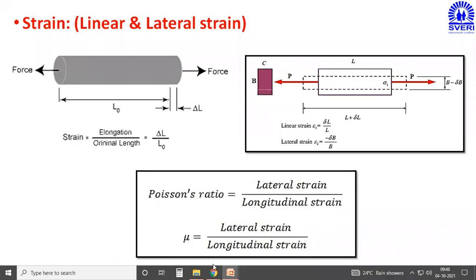This definition is asked many times in examinations, maybe in the GATE examination or other competitive examinations. What is meant by Poisson's ratio? Four options will be given in the form of different ratios, and from those we have to select the correct option: lateral strain upon longitudinal or linear strain. This is the definition we discussed in the last lecture.